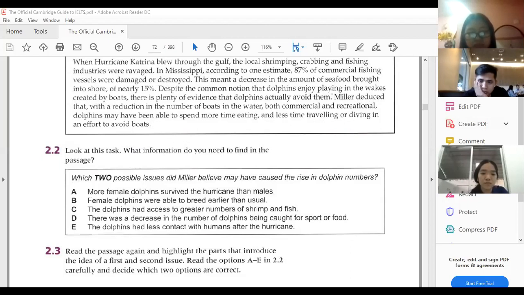So he said this sentence. Can you paraphrase this to get the same meaning as choice E? Dolphins had less contact with humans after the hurricane. So can E be the answer? We only have E left.